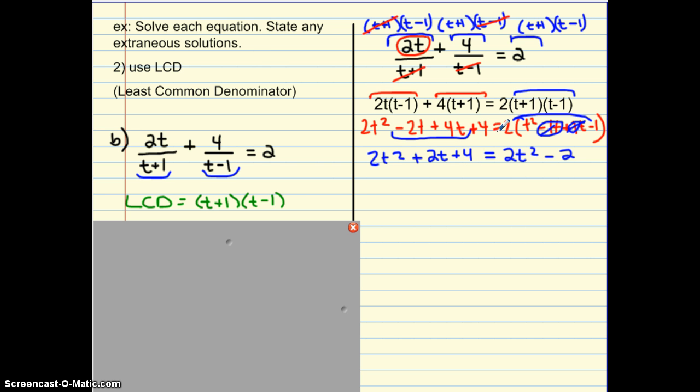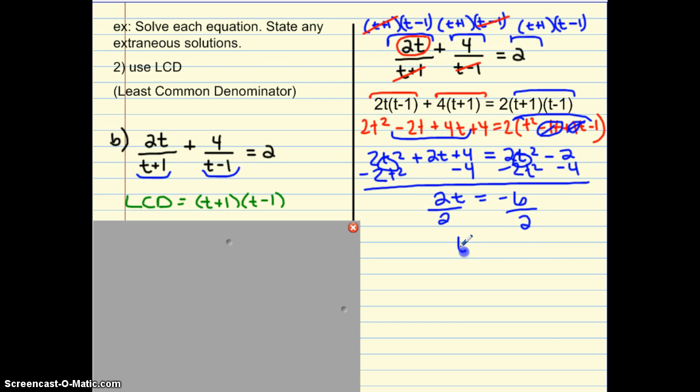And when I solve that, I get an answer of t equals negative 3.